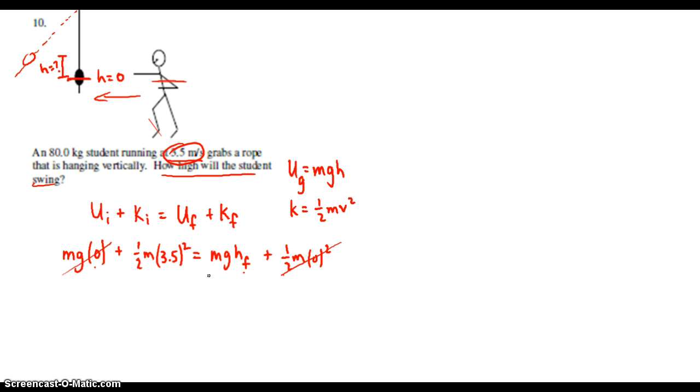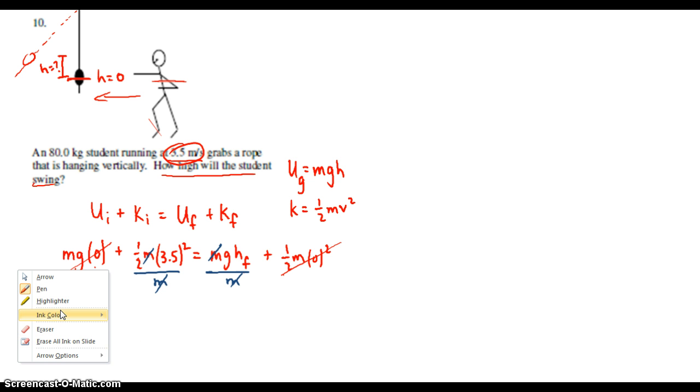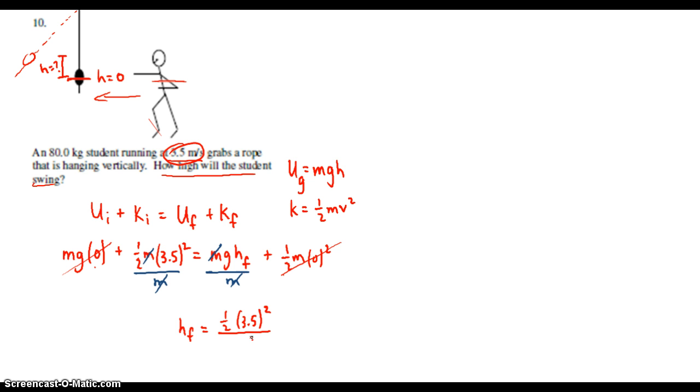You might notice that you don't even need to know the mass in this problem, because if we divide both sides by m, our mass cancels. So we can just solve for this final height. How high will the student swing? h final is equal to, put your g on the other side, so we have 1/2 v squared over g, and g is 9.8.